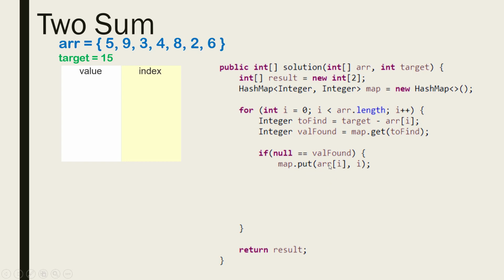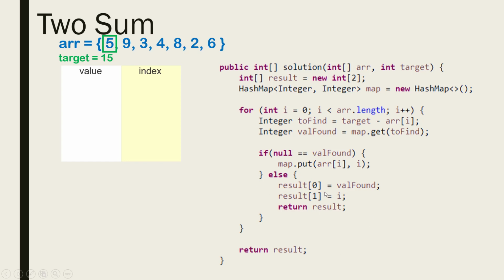We are going to put the actual value and the index. The actual value is the key as mentioned, and then the index i. Otherwise, if it's already found, result 0 would hold the val found, so the value found in this table, and then result 1 would be equal to i, the current index that we are in, so we return the result.